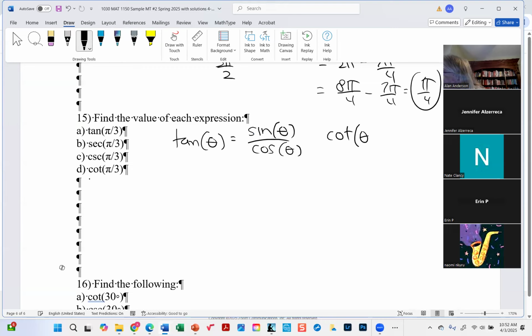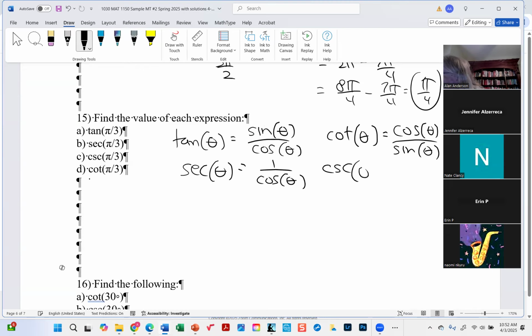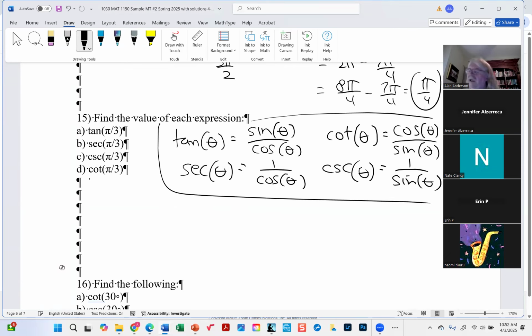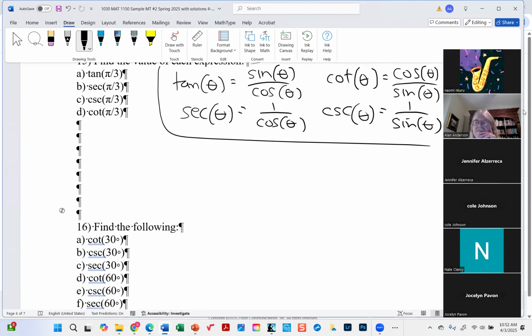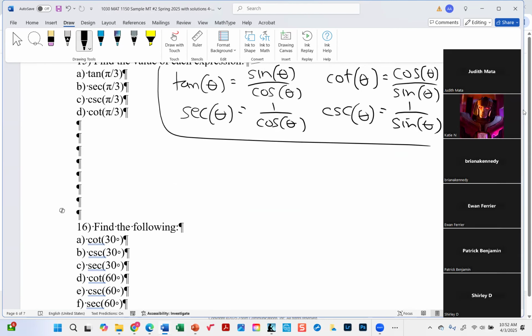Cotangent is the inverse. The secant is simply 1 over the cosine. And the cosecant is 1 over the sine. We're going to need all of these sooner or later in the next batch of problems. Okay. Let me just see if we'll need it here.